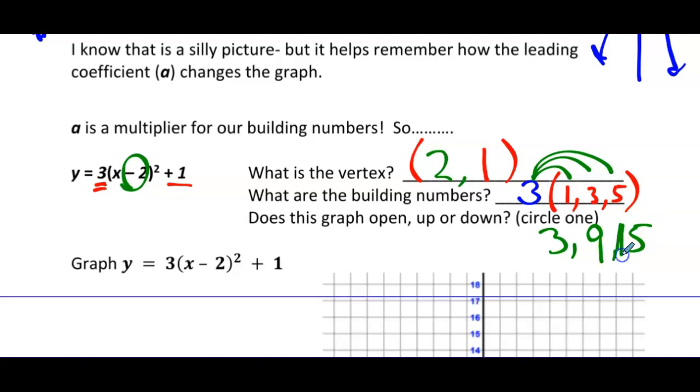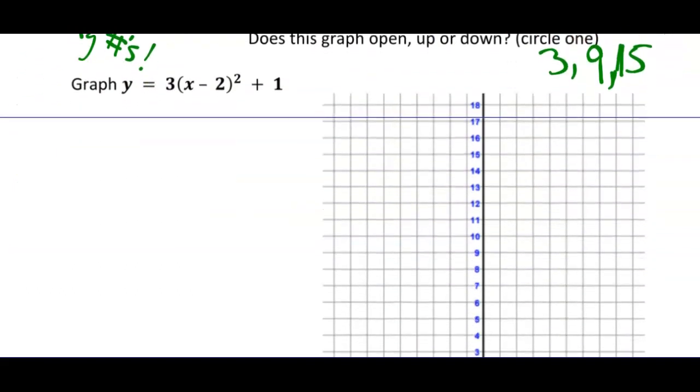So my building numbers become much bigger when I have a 3 in the front. Okay? So my 3 changes my building numbers.